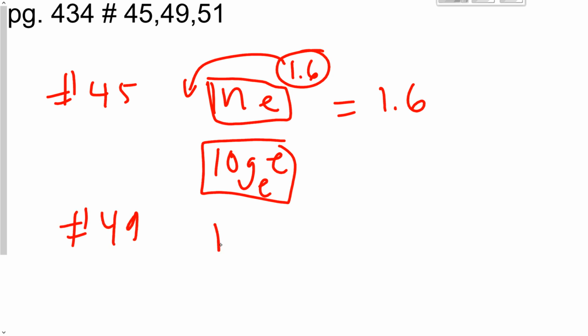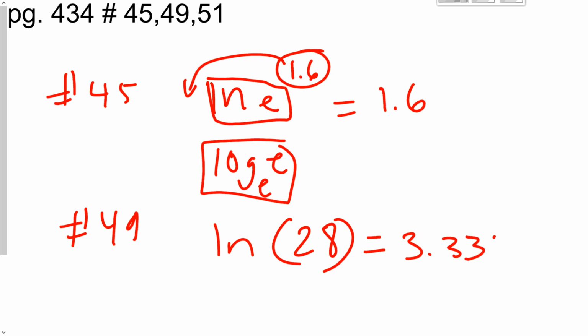Okay, number 49 is ln of 28. When you hit the ln, that parenthesis will come up, put in 28, close off that parenthesis, and you should get approximately 3.3322, because we're asked to round to the 4th decimal place. And then number 51 is probably going to be a decimal between 0 and 1, so it's probably going to be a negative answer.